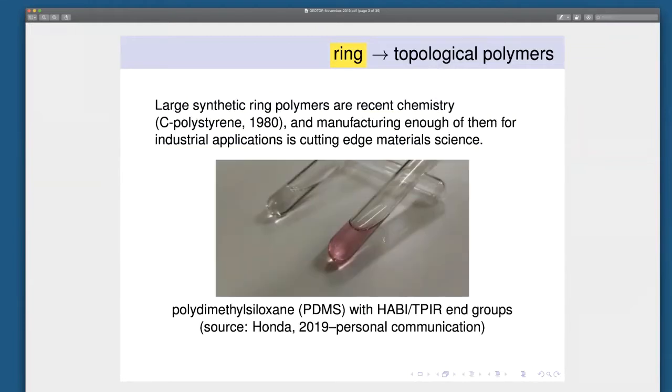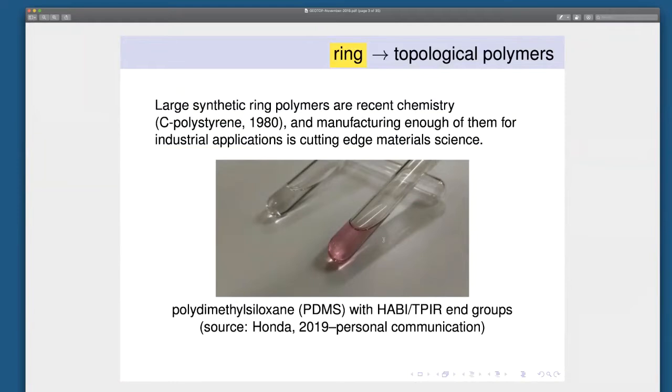So here's a picture of that. The purple one is the ring phase, and the clear one is the linear phase. It's exactly the same chemical composition, but what you can see is that the material properties depend on the topology of the polymer.